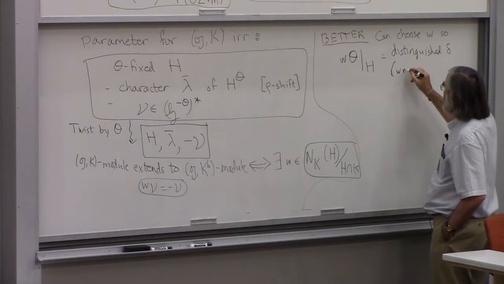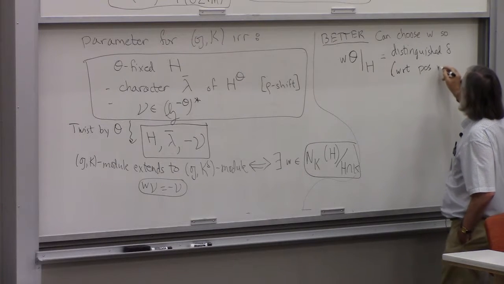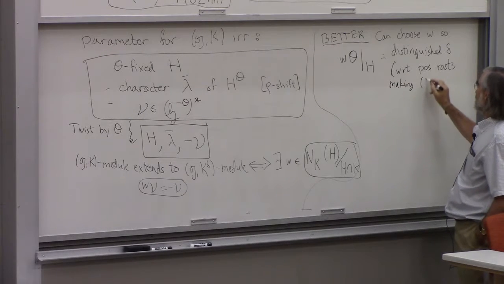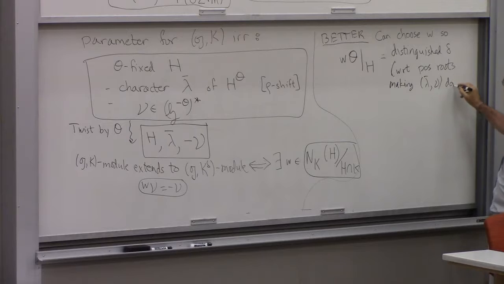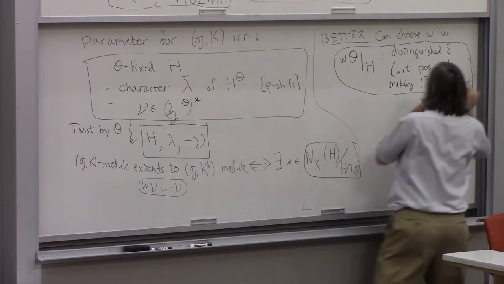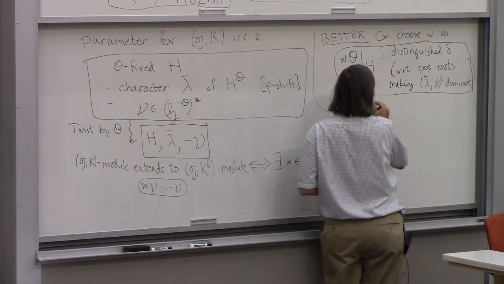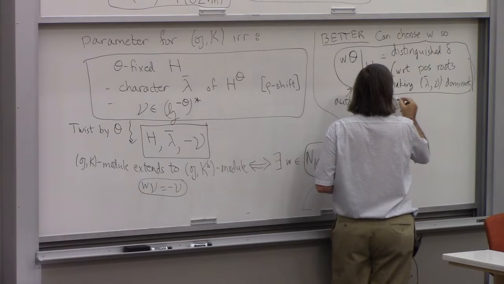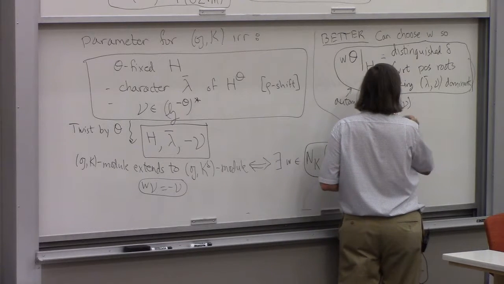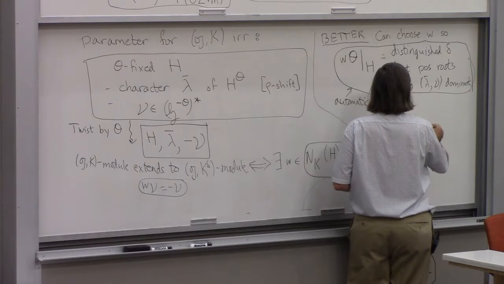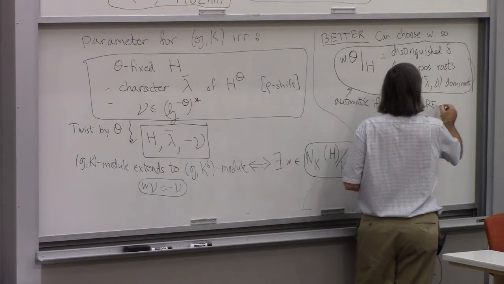This is with respect to some positive roots making this lambda bar nu dominant. So this is just automatic if lambda bar nu, this remember is the infinitesimal character, is regular.